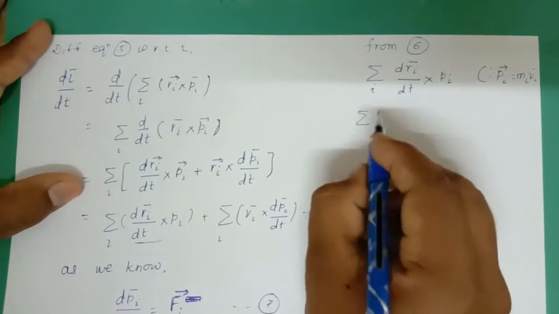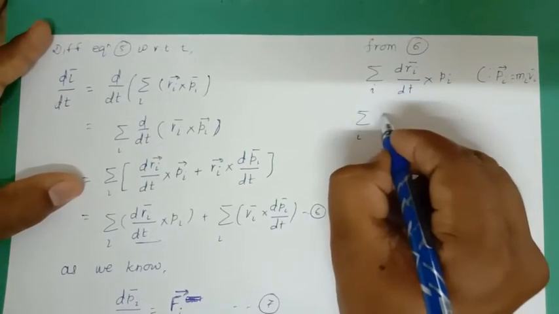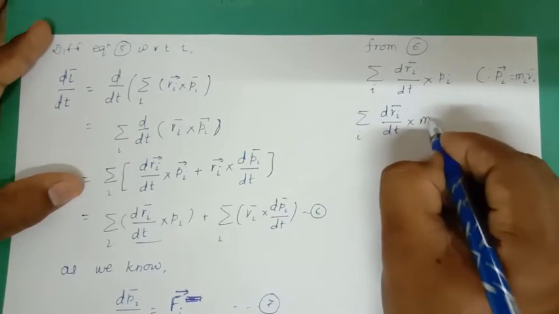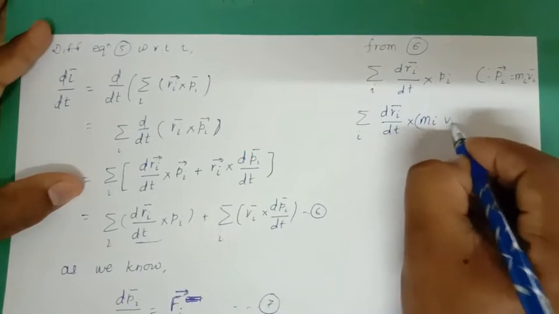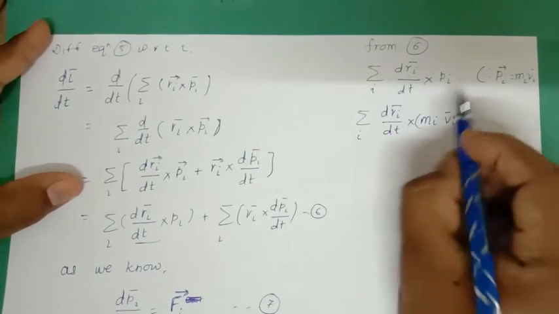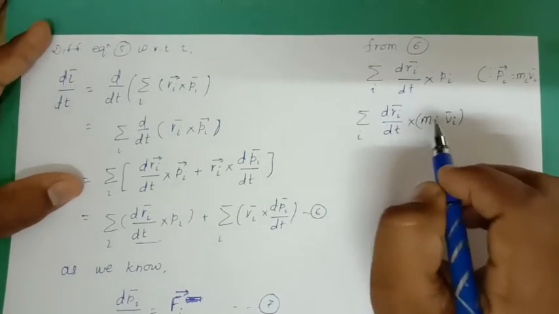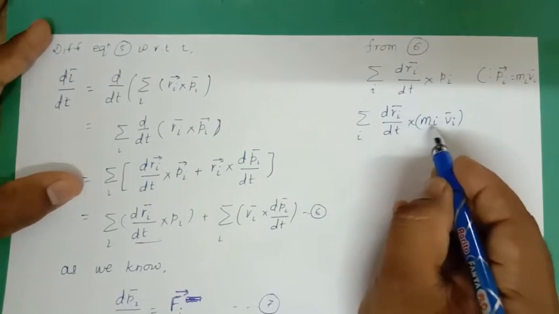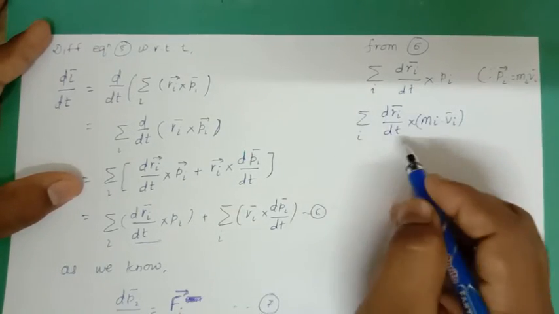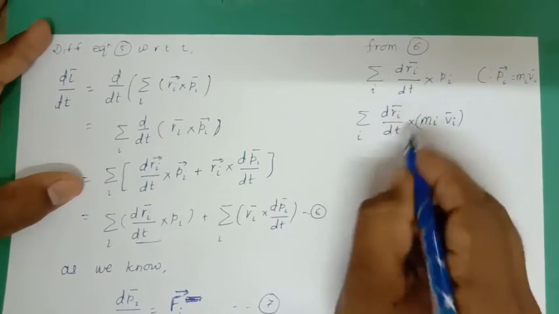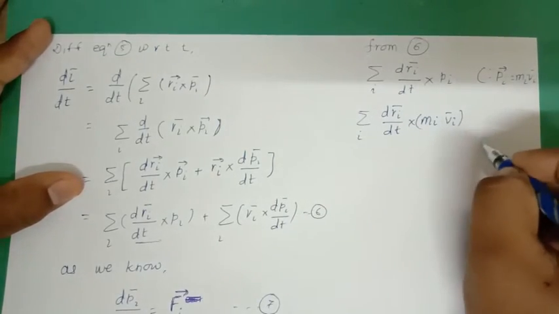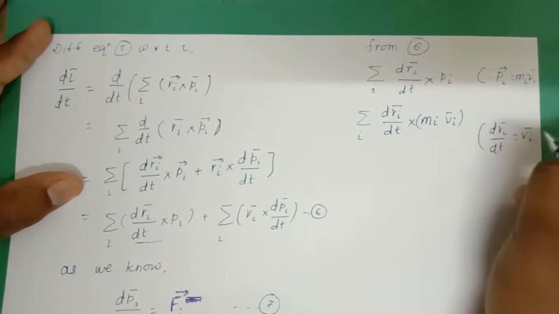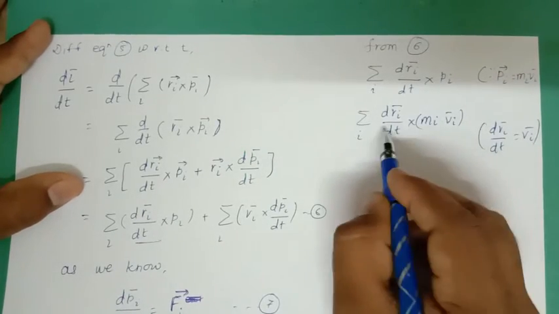So this is dri bar by dt cross mi into vi bar. But what is dri by dt? Rate of change of displacement vector with respect to time is nothing but the velocity vector. Since mass does not depend on time, I'll keep it outside the derivative part, and instead of dri by dt, since dri by dt is vi, I'll put the value.